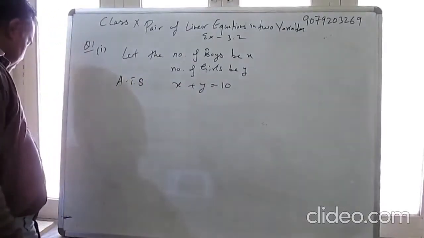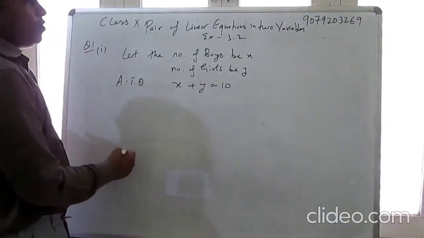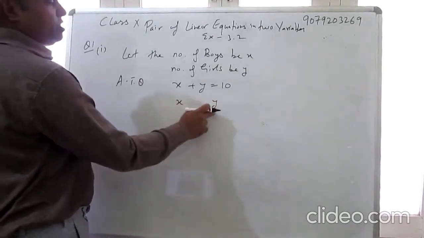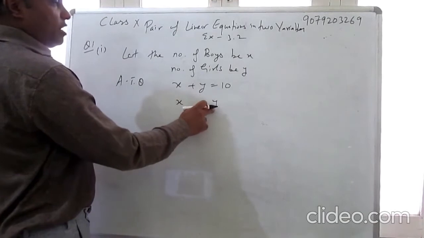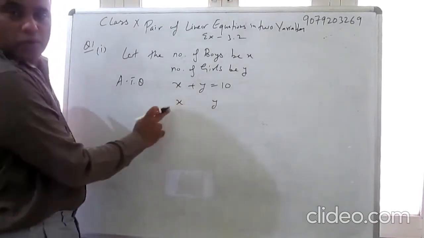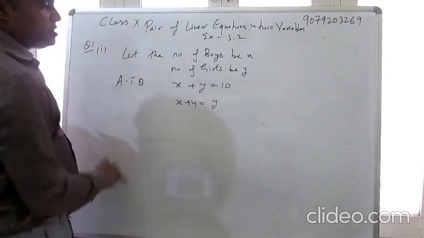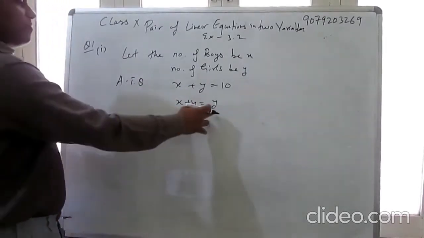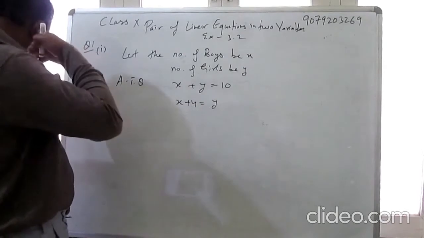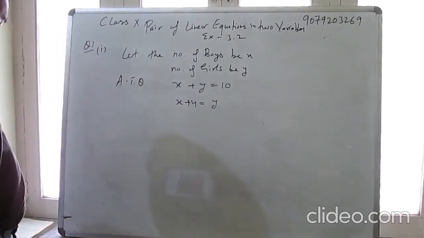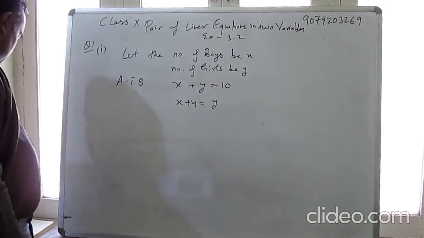Second condition, if the number of girls is 4 more, here X is boys and Y is girls. Girls is already how much more? 4. So when we equate, we add 4 here, so it balances the equation. Girls are 4 more than the number of boys. Find the number of boys and girls who took part in the quiz.